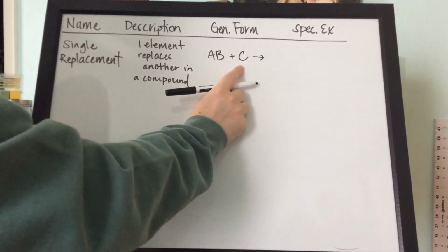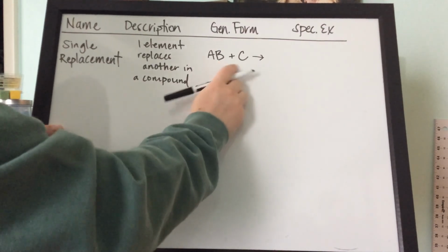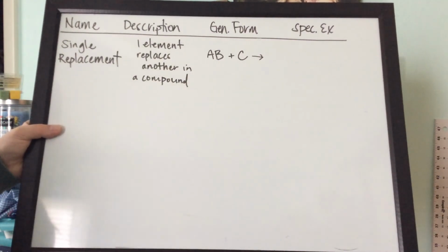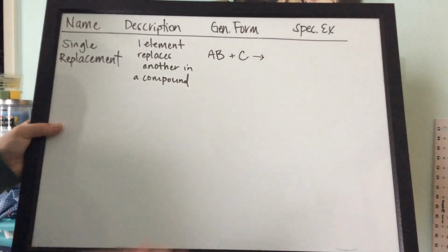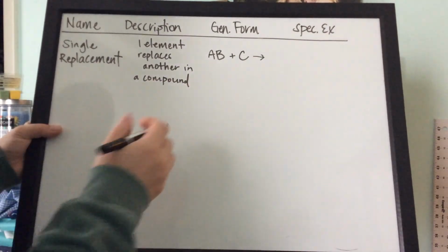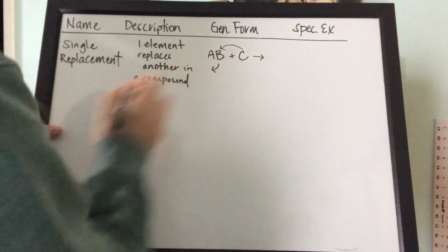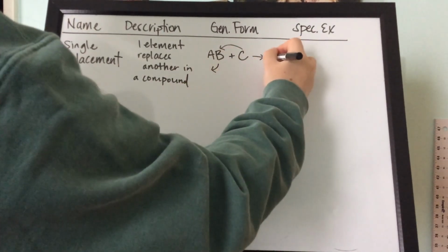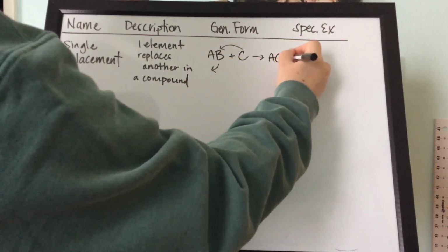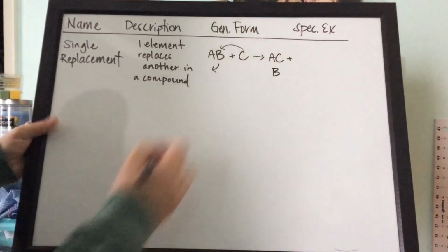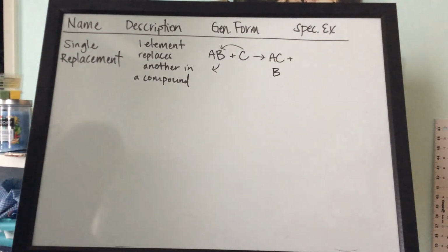And so he comes up to the couple who's dancing and says to the guy, hey, get out of here. I need to dance with your date. Okay, and so that's a single replacement reaction where C comes in and kicks out somebody. So in this case, A and C would get together, and you have B, who is now dateless at homecoming. So that's a really silly example, but it seems to work well with students.